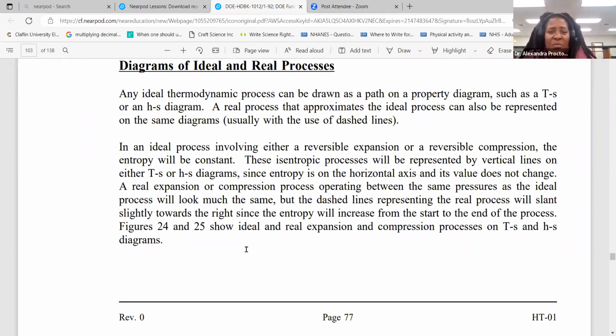Any ideal thermodynamic process can be drawn as a path on a property diagram, such as the T-S or the H-S diagram. A real process that approximates the ideal process can be represented on these same diagrams, but usually they use dashed lines.